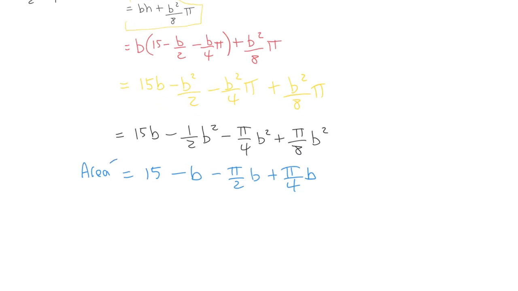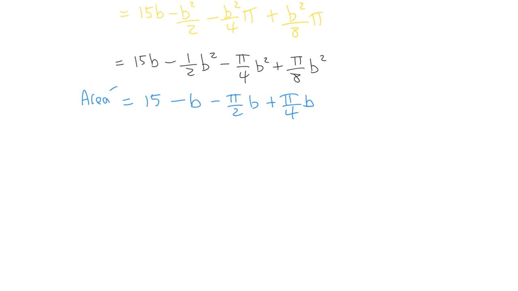Pause the video if you're not sure about that. I'm pretty sure that's right, though. Setting that equal to 0 now to actually find the value of b that corresponds with the maximum area.